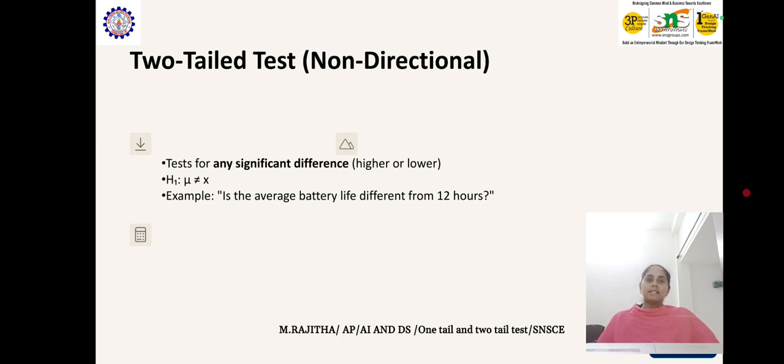A test statistic that falls in either tail beyond the critical values leads to rejection of the null hypothesis. This method is more conservative and should be used when there is no prior reason to assume a particular direction of the effect. It ensures that deviations on both sides of the mean are taken into account.